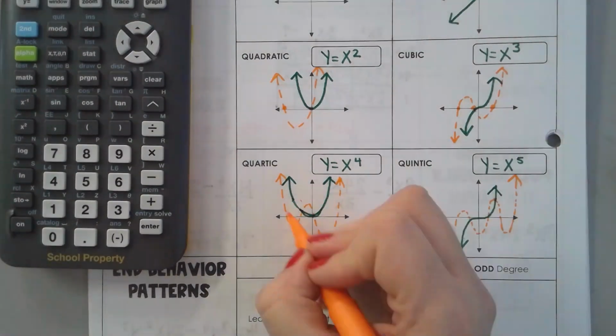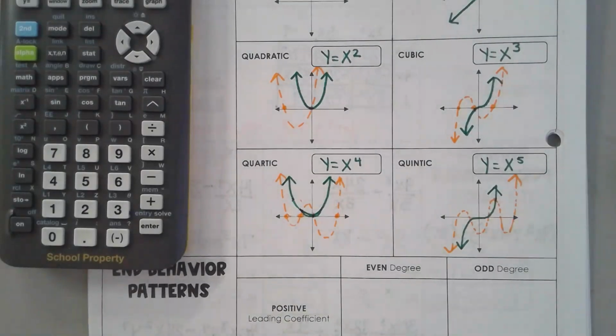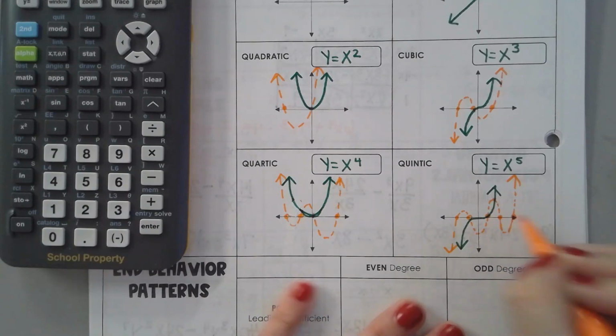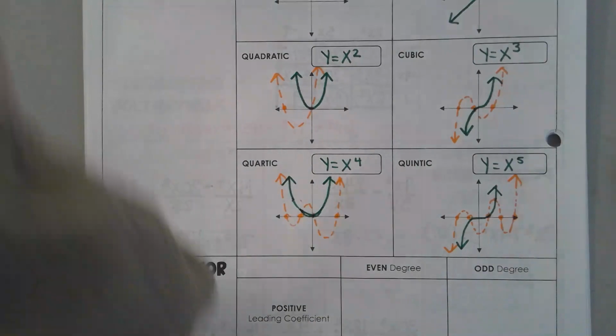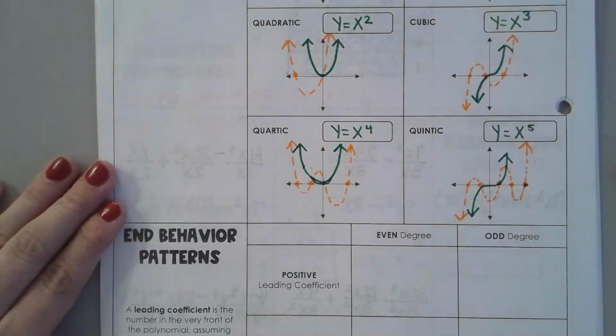Quartic could have up to 1, 2, 3, 4. And a quintic could have up to 1, 2, 3, 4, 5. So just like with quadratics, we're going to spend a lot of time finding those x-intercepts later on, not right now. Right now, we're going to focus on some of the basic features of the graphs.